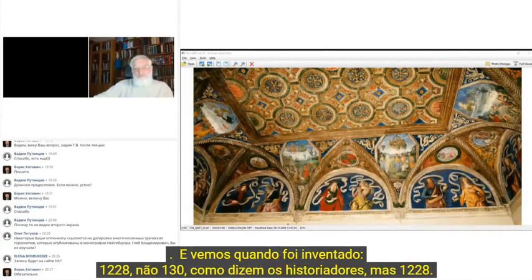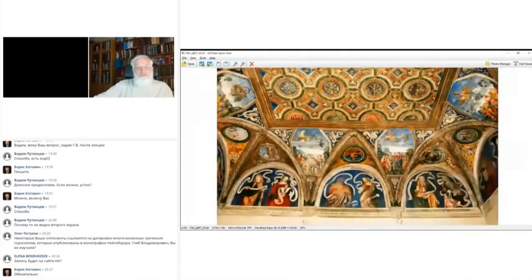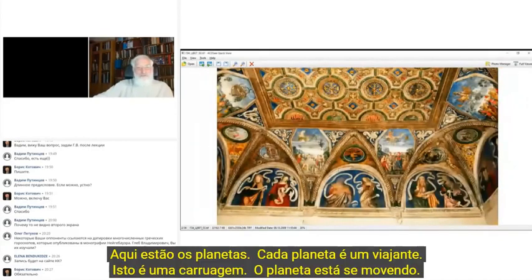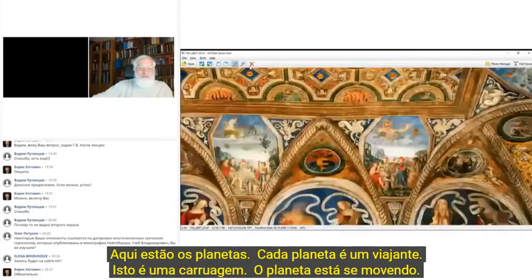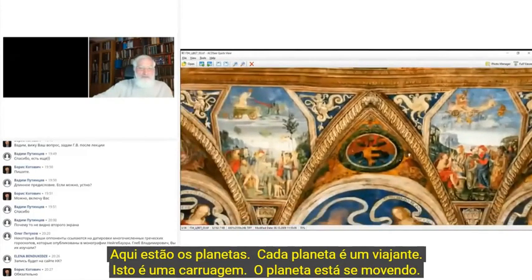Here are the planets. Each planet is a wayfarer. This is a carriage. The planet is moving along.